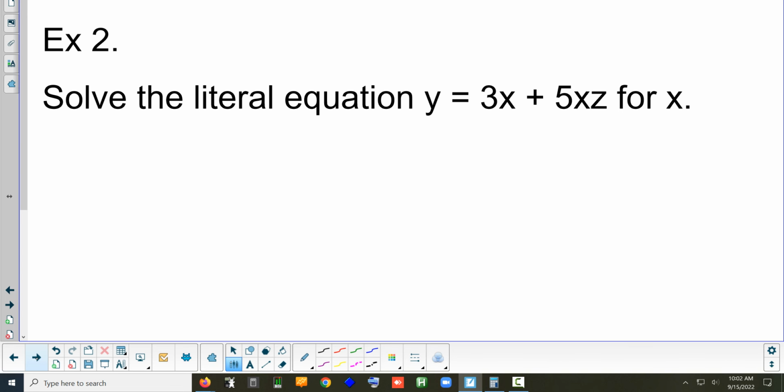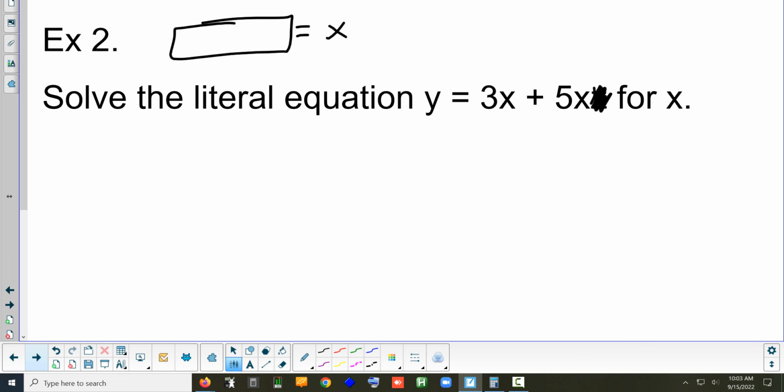Let's just cross the z out. Let's just do it like that. Y equals 3x plus 5x. And I want to solve that for x. So when I'm done, I'd like to have the x all by itself, probably on the right side this time. So we'll probably end up with something like this. And what's in that box would be our answer.